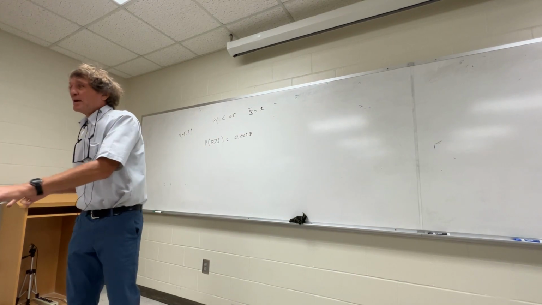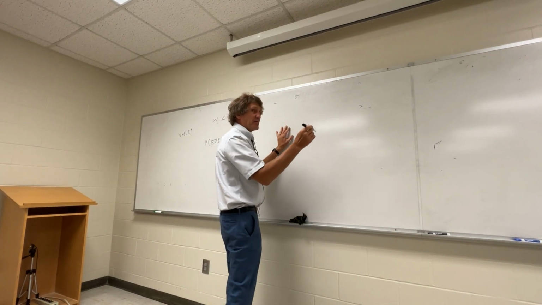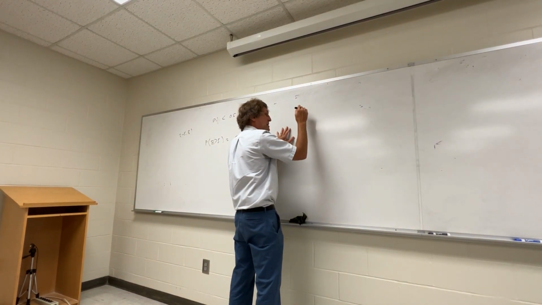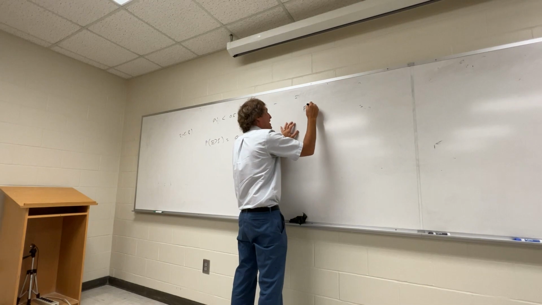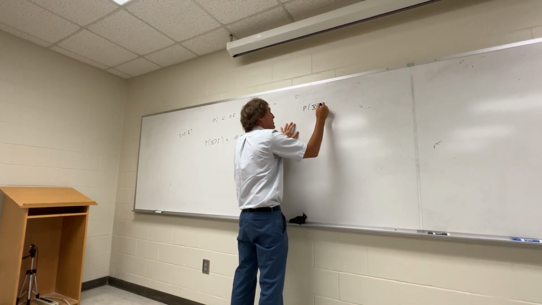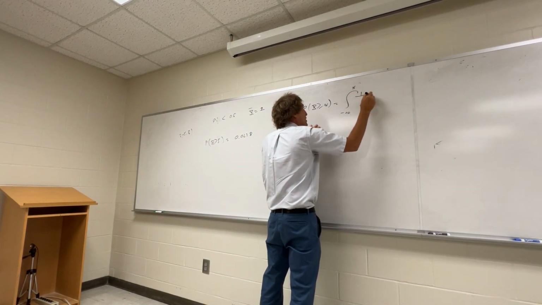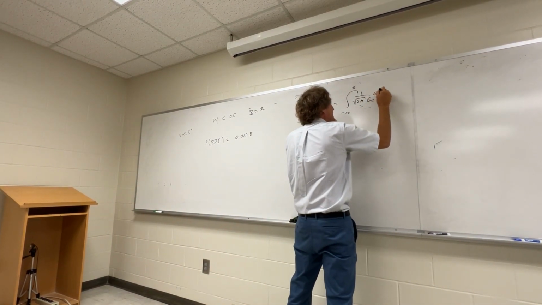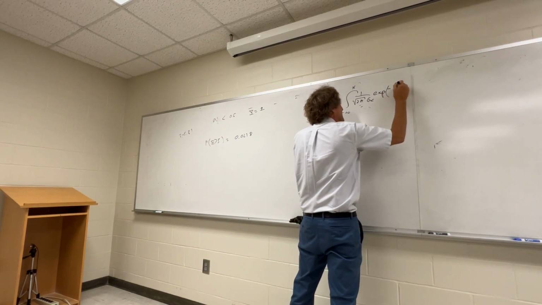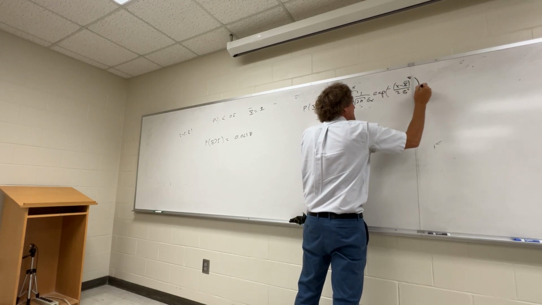Y'all with me on this? So now when we take a look at this, I've got the mean, I don't have the standard deviation. In general, the probability of this function, I'm going to write the full probability of x right here, being less than or equal to any small value of x, is an integral from minus infinity to x of 1 over square root of 2 pi sigma, and then exp to the minus, x minus the mean value, squared over 2 sigma squared dx.